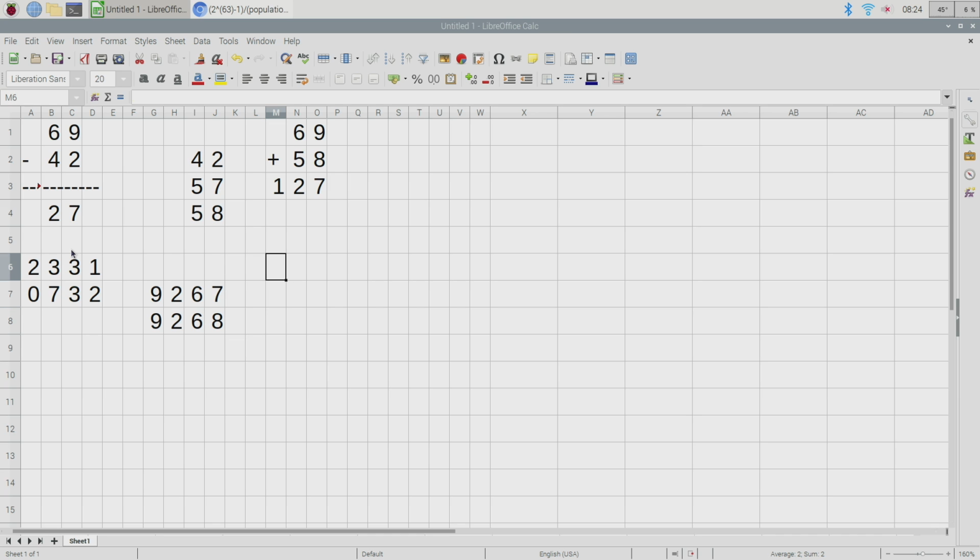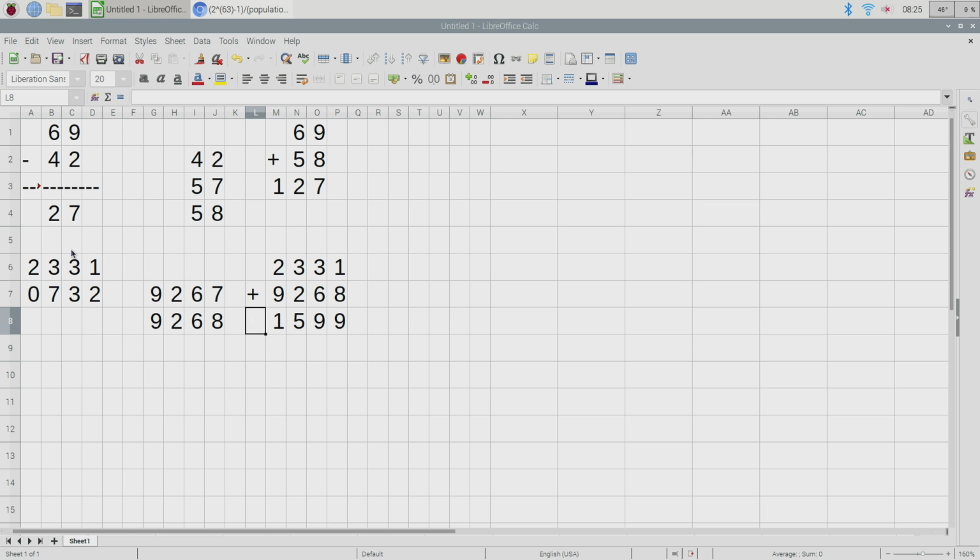So let's do 2, 3, 3, 1, and we'll do 9, 2, 6, 8, and we're going to add them. So what do I get? 8 and 1 is 9, 3 and 6 is 9, 3 and 2 is 5, 2 and 9 is 11, but I'm going to throw away the 1 that would carry to the next position.